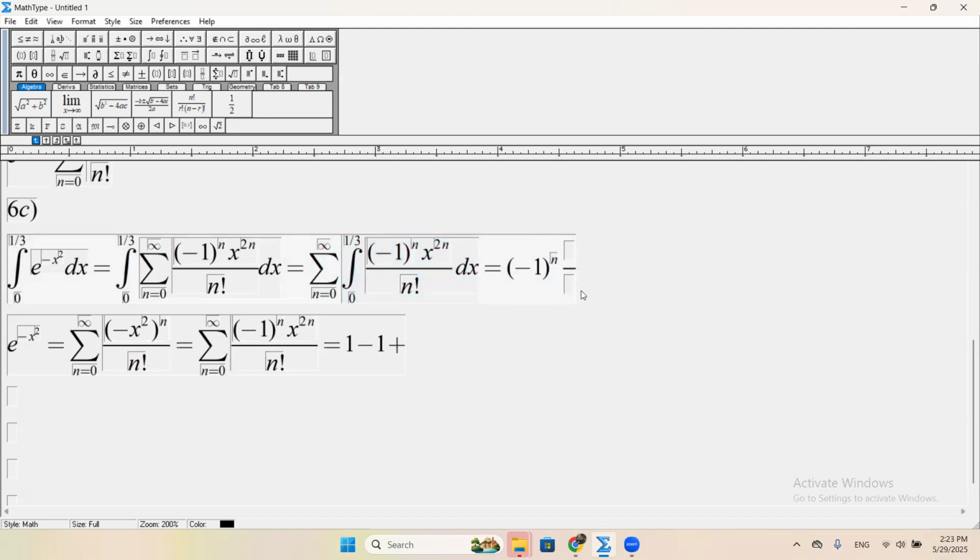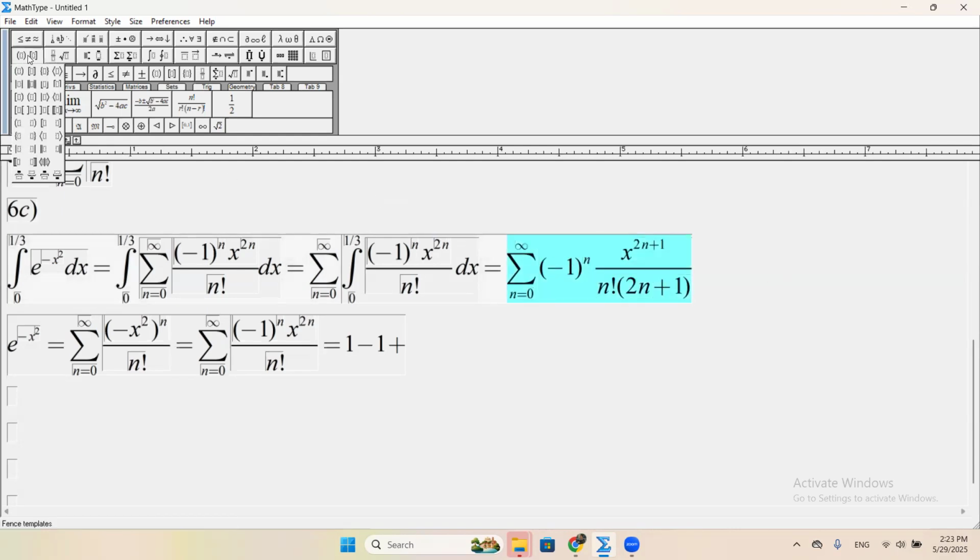And now it will look better. So I will receive the following sum: minus 1 to the power of n, x to the power of 2n plus 1, over n factorial and 2n plus 1, with substitutions from 0 to 1 over 3.